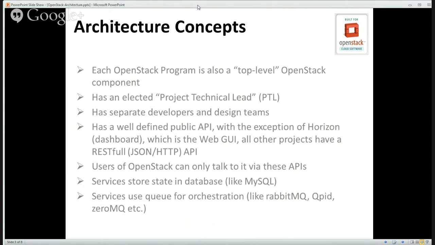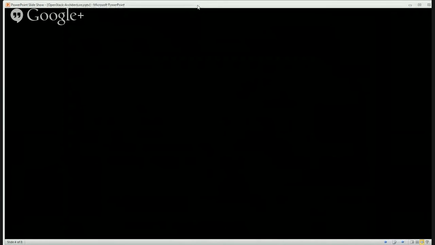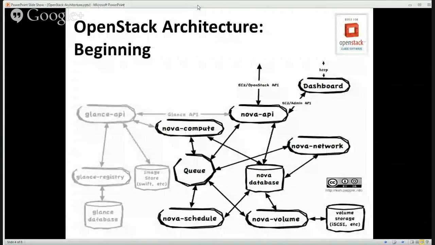Let's go a little bit into this slide, which is just talking about the Nova project. Now we know that between the different projects, like when the dashboard is talking to compute, or compute is talking to Glance, they make use of the REST API. But within a particular project or component, let's take Nova as an example, we have a queue. If you recall, the queue is for the orchestration service.